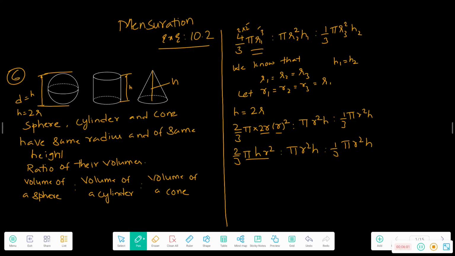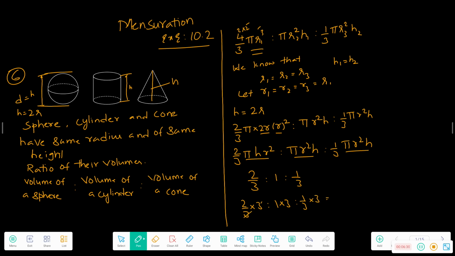So what is common? Pi r square h is common in all, so all will cancel. What is left? 2 by 3 is 2, here 1, because nothing is common here, and 1 by 3. Now multiply this with 3 to get our required answer: 2 by 3 into 3, is to 1 into 3, is to 1 by 3 into 3.